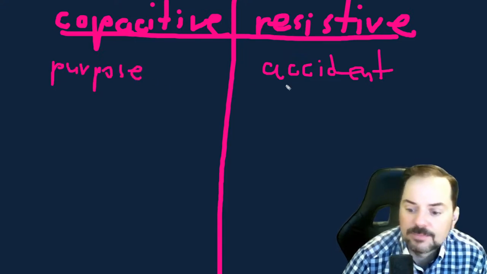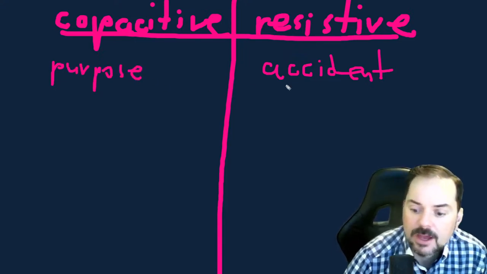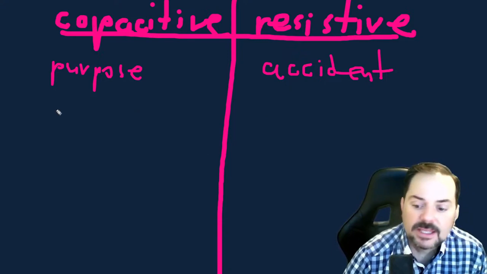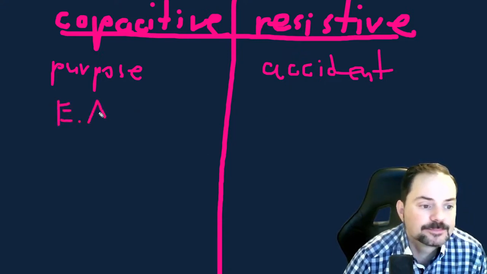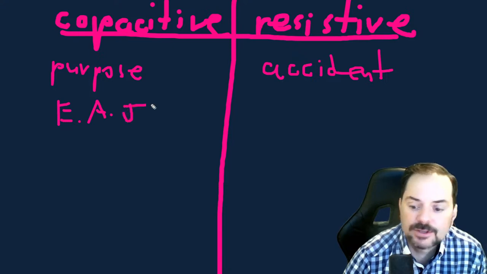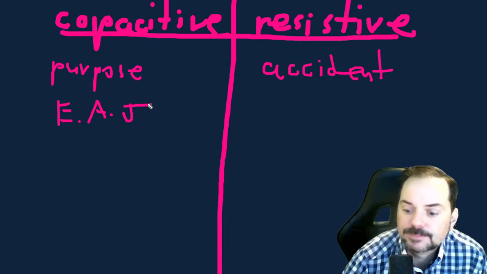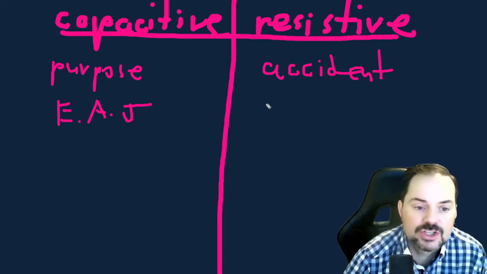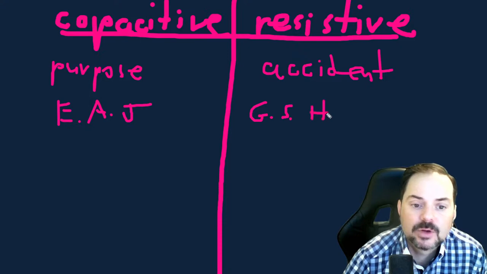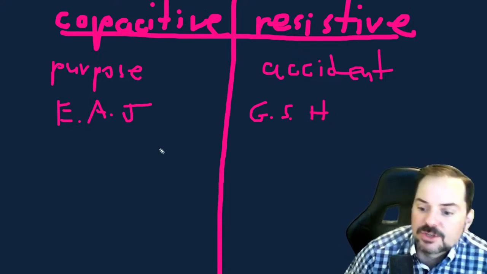So purposeful, absolutely. Chen says capacitive was by E.A. Johnson, yeah, E.A.J. Yes, was the inventor. How about the other one? Hurst, that's right, Chen, G.S. Hurst. Okay, very good. What else do you remember?